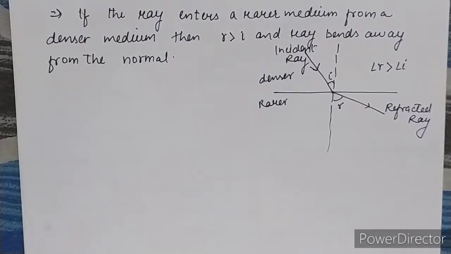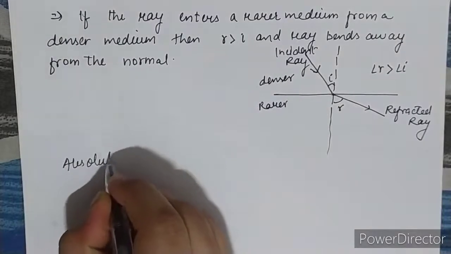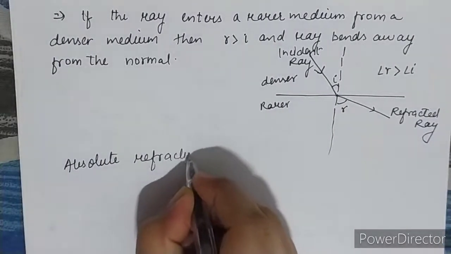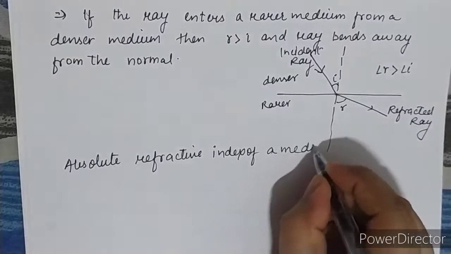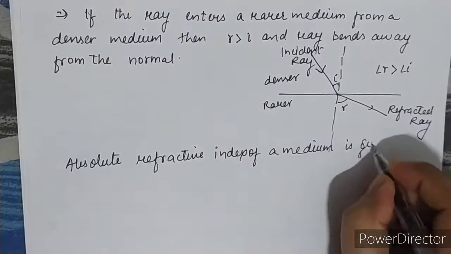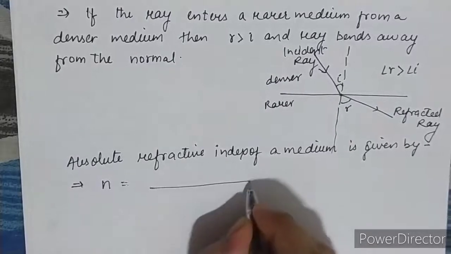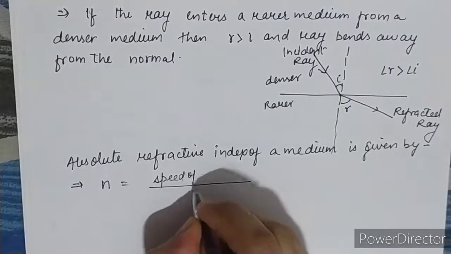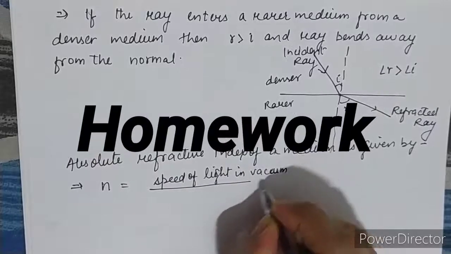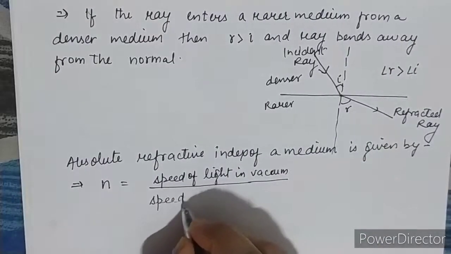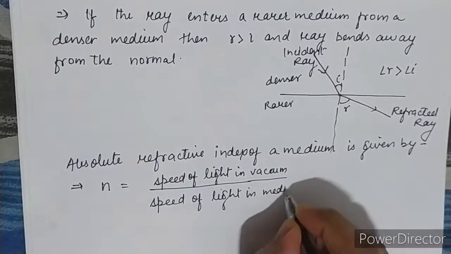So this is about the refractive indexes. The absolute refractive index of a medium is given by the speed of light in vacuum to the speed of light in the medium in which it is traveling.